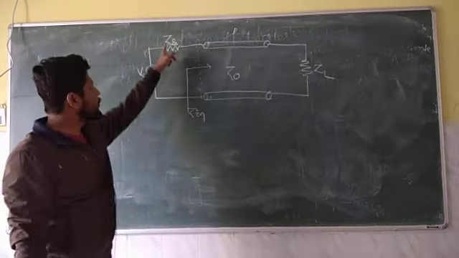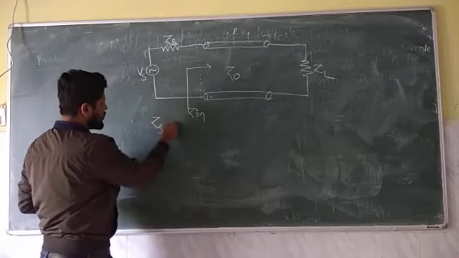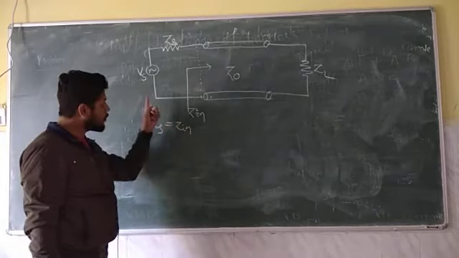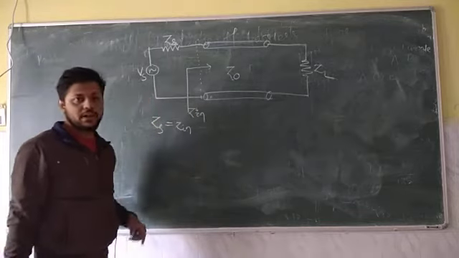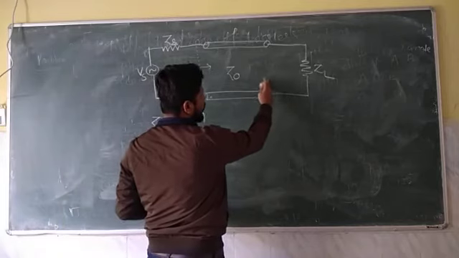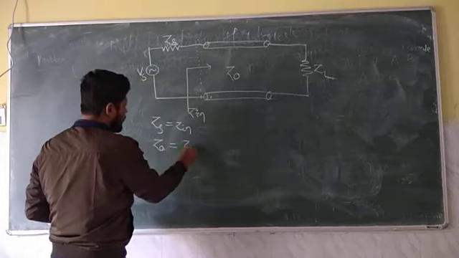This source delivers maximum power to the transmission line when Zs is equal to Zin. Then the transmission line delivers maximum power to your load when Z0 is equal to ZL.